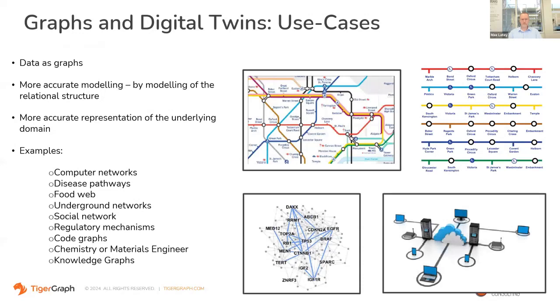So before we dive into the terminology of digital twins, let's talk about graphs and then go on to the digital twins and then to the use cases. Talking about graphs, we have a lot of data around us which can be represented as graphs, and modeling the relationships, the connections, helps us capture the underlying domain much better.